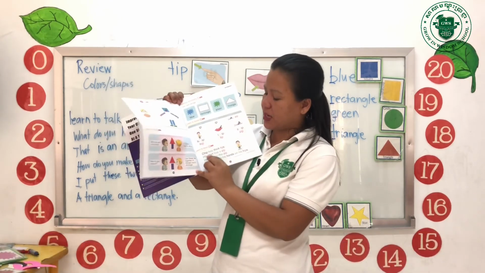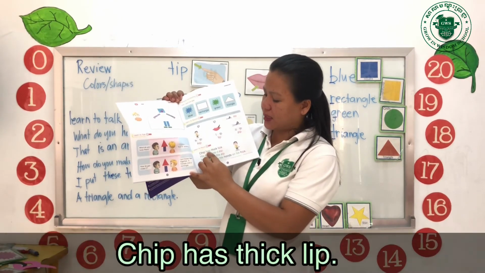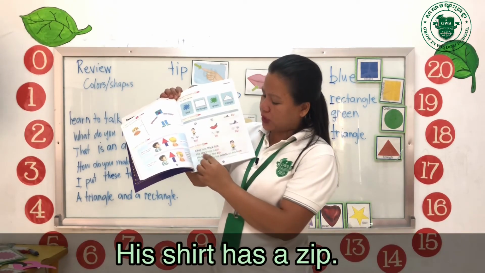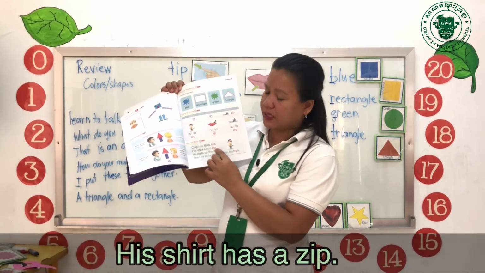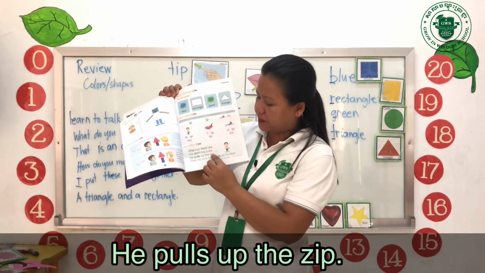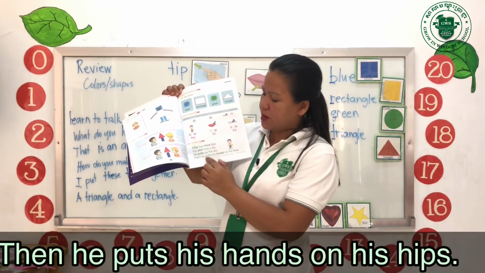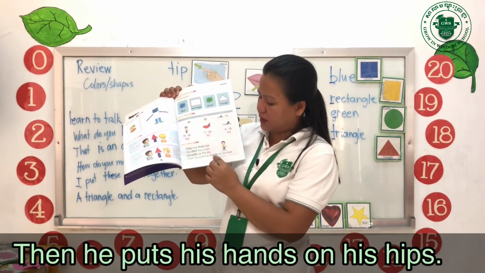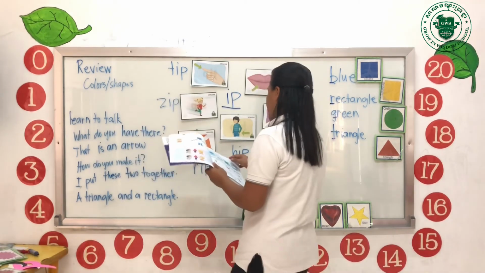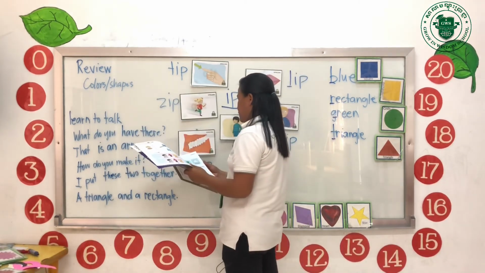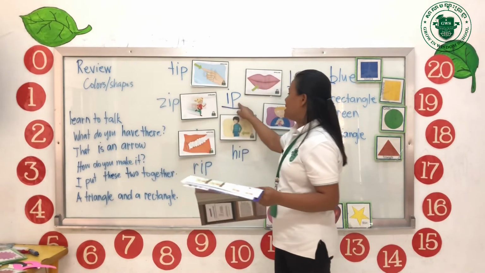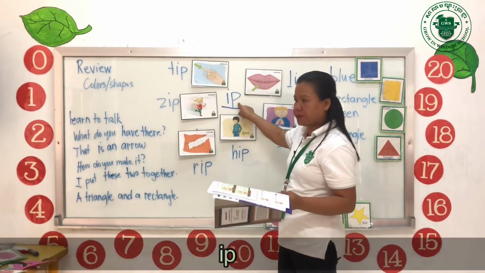Again, let us repeat again. Chips has thick lips. His shirt has a zip. He pulls up his zip. Then he puts his hands on his hips. Okay, that is the sound of letter I-P, the sound of ip.